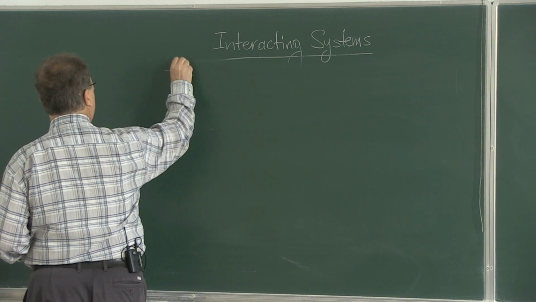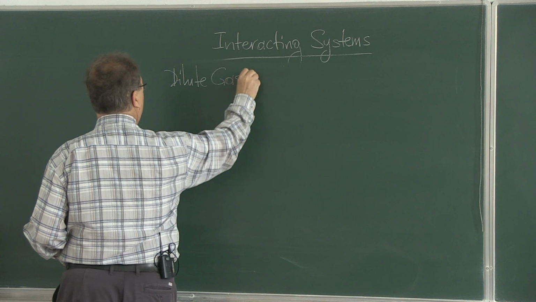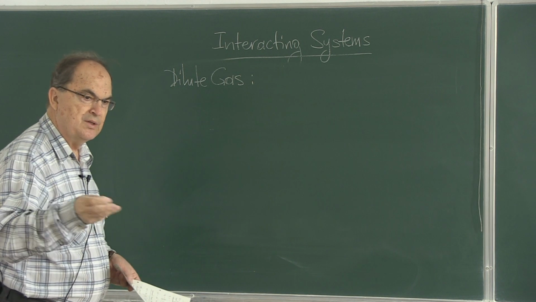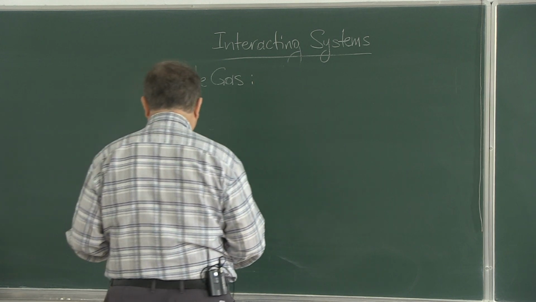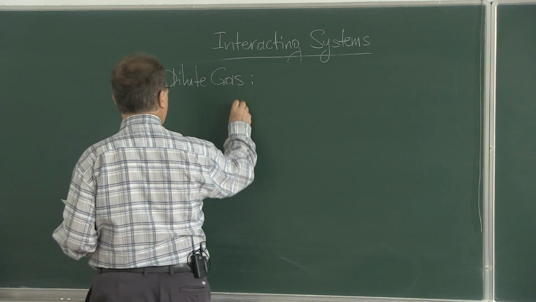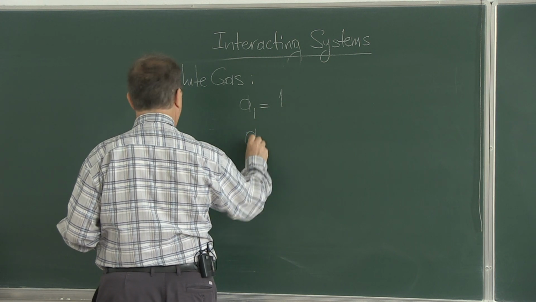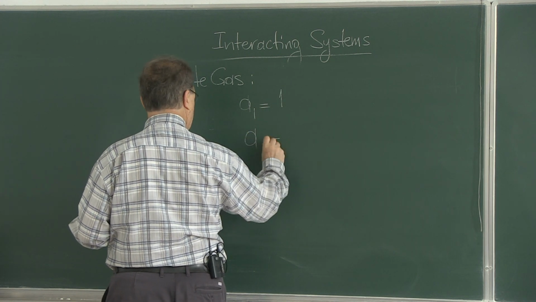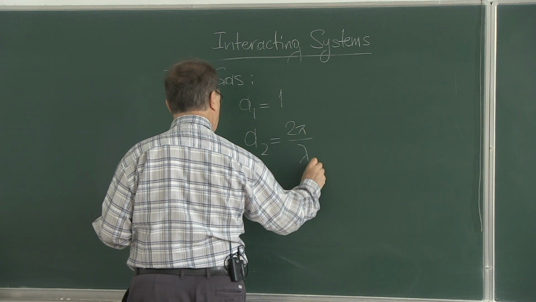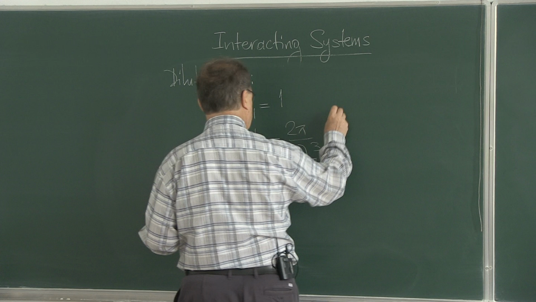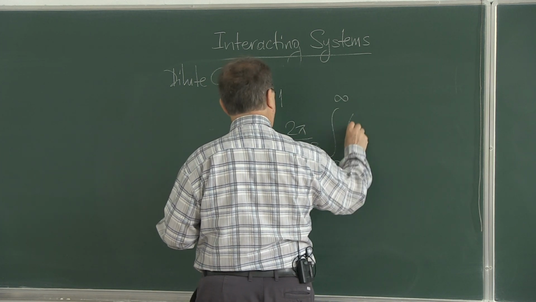Dilute gas, very small deviation from ideal gas, enough to keep 2 virial coefficients, and try to calculate these only and see their effect on the equation of state.